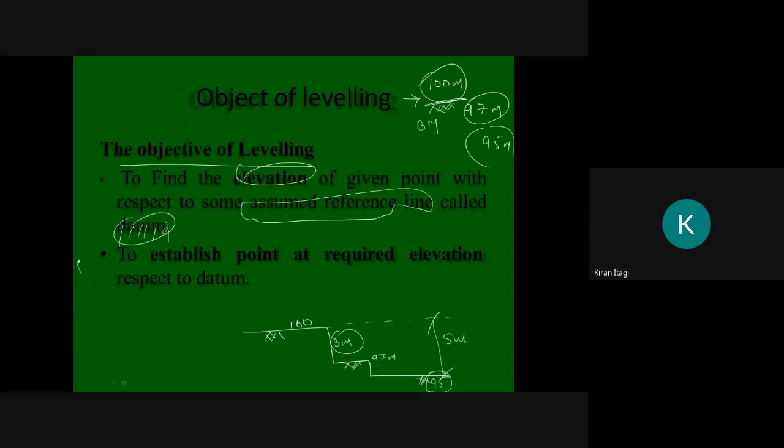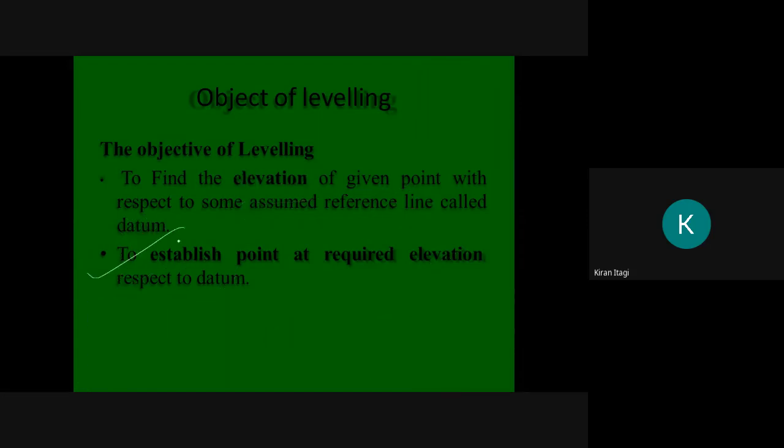Then the second point is to establish a point at a required elevation with respect to datum. This is 100 meter. I want to create a step, one small step, and its level should be 100.150.